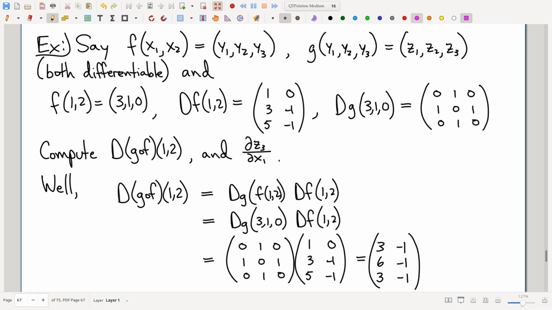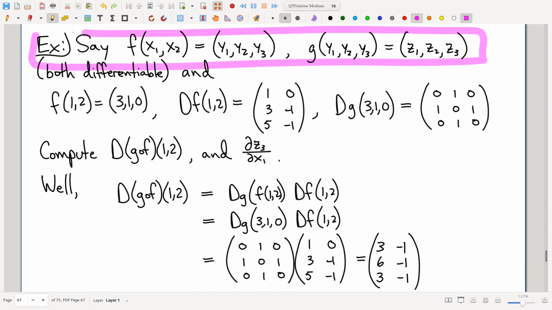Here's a couple of functions that we're going to compose. Very conveniently, you'll notice that the variables that are coming out of the first function are the variables that go into the second function. They better be, because we're composing, and that's how composing works. What comes out of the first goes into the second. So it's set up conveniently prepared for composing.